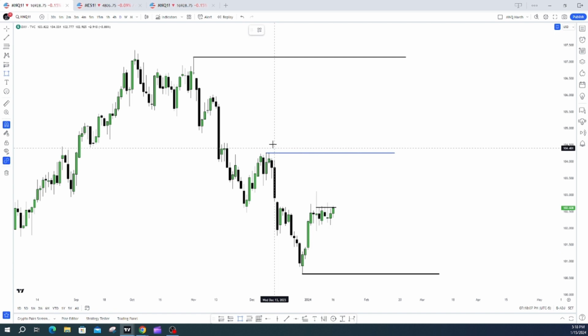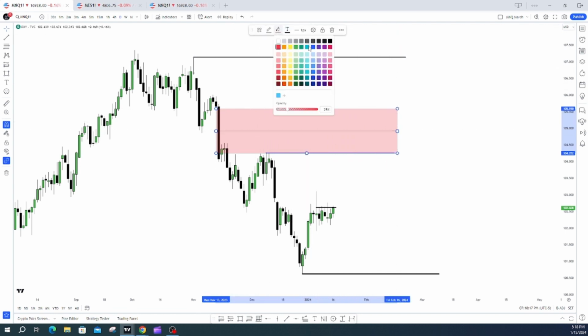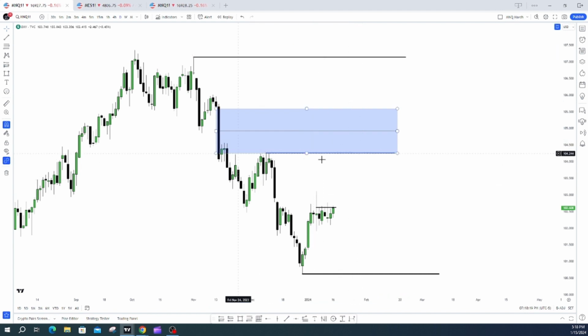From this level right here to this level right here, there's a pool of orders that are resting in this area that have not been taken yet. This is an algorithmic area that price will want to move into to gather more orders to continue a move lower.